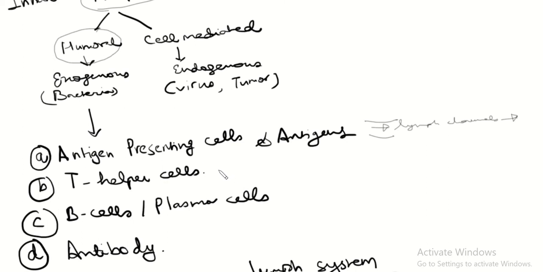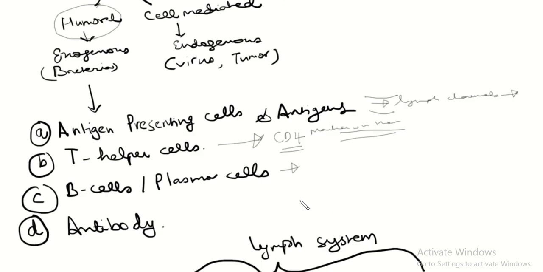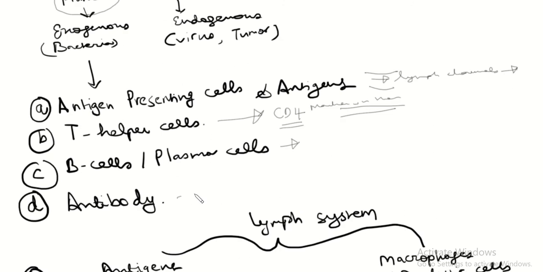And then we have T helper cells, and these are the CD4 cells. Okay, these have CD4 markers on them. You have the B cells and the plasma cells, and then you have antibodies. So these are the big cells that are involved in the humoral immunity, right?